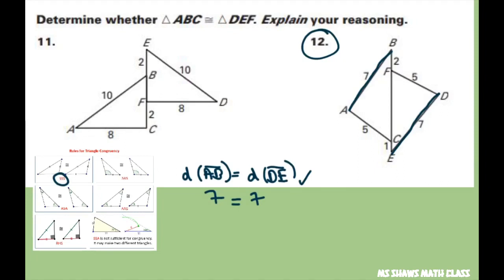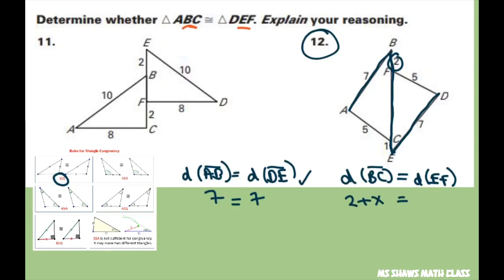BC with EF. So we want the distance of BC line segment to equal the distance of EF. So BC equals, right here, that's 2 plus some x.